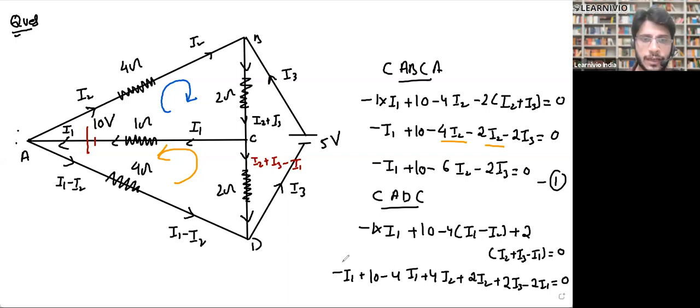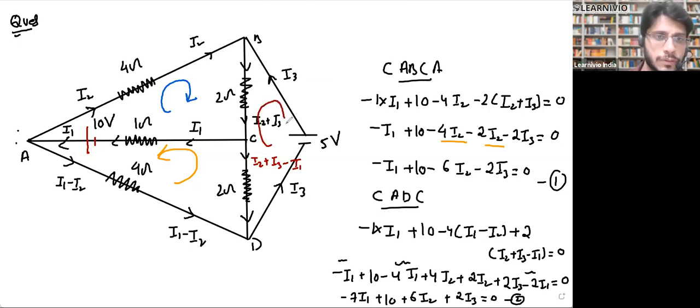Collecting terms: minus I1 minus 4I1 is minus 5I1, minus 2I1 is minus 7I1, plus 10. 4I2 plus 2I2 is plus 6I2, plus 2I3, equal to 0. That's the second equation.